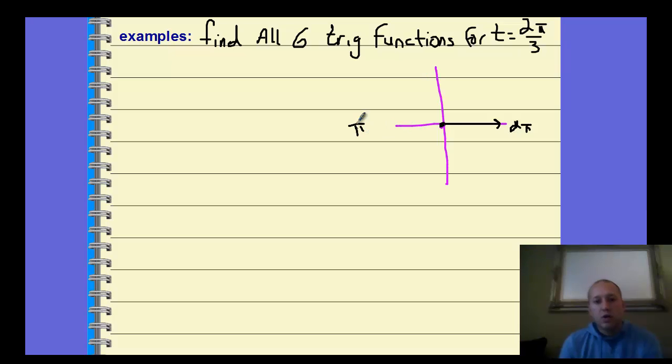This is pi. If I go half of that, this is pi halves, which by equivalency is the same thing as 2 pi fourths or 3 pi sixths. And so I may use the 3 pi sixths equivalent, because 2 pi thirds is 4 pi sixths.